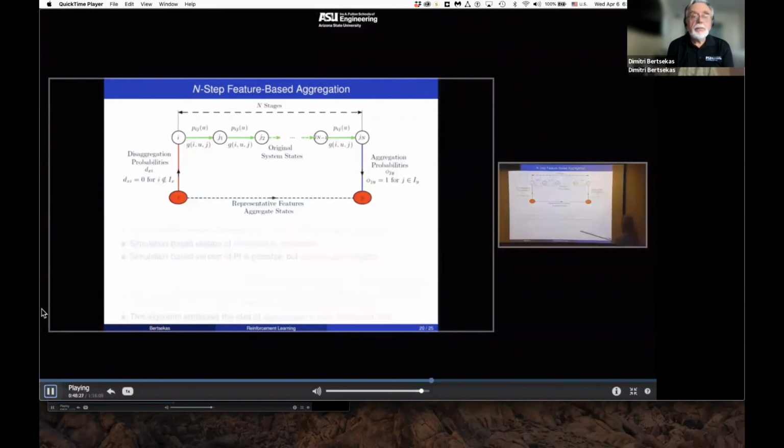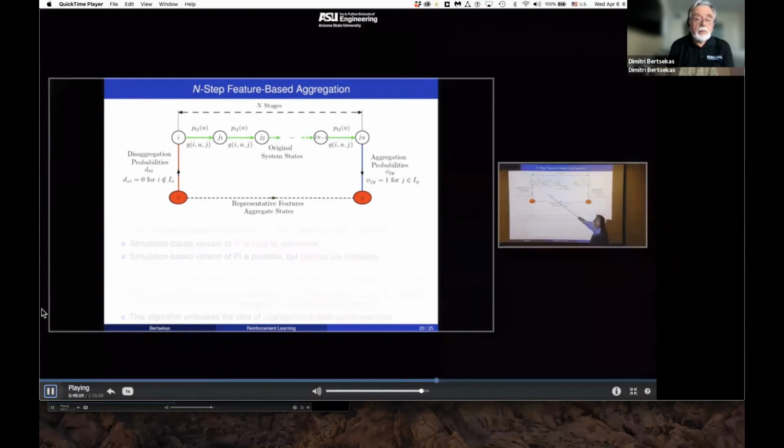You remember we had an aggregate problem structure involving representative features, transitions to the original system states according to the disaggregation probabilities, one transition to a system state, J, from I to J according to this transition probability, and then go down to an aggregate feature using disaggregation probabilities.